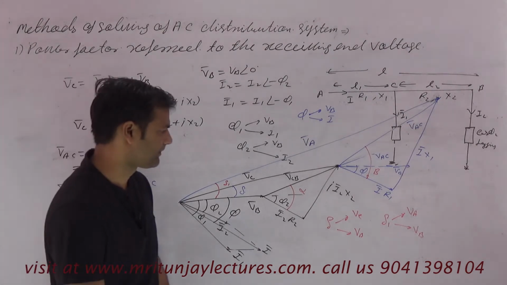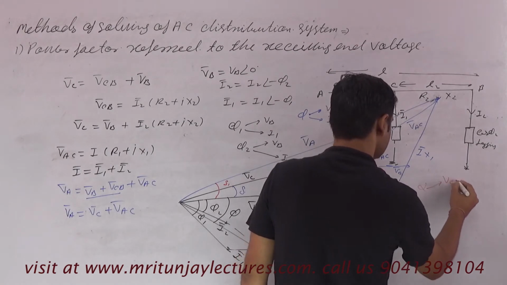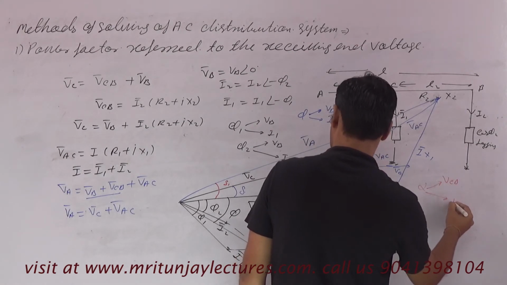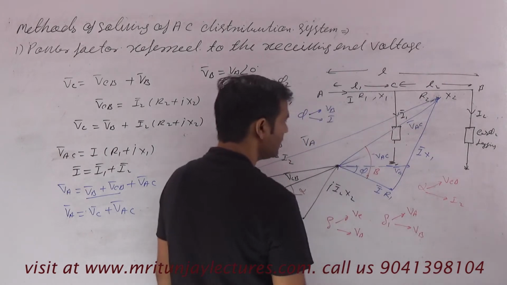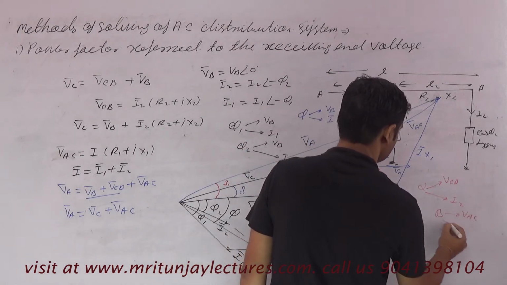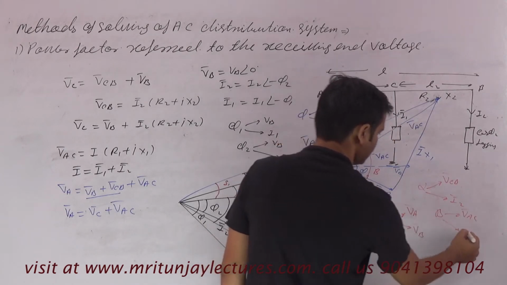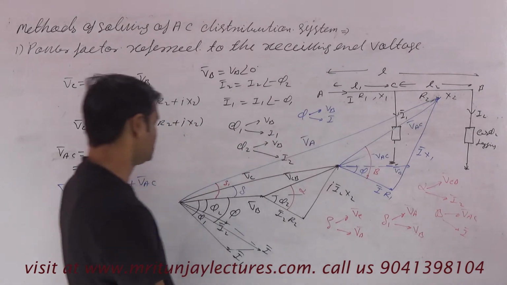Okay, and alpha is the angle between VCB and I2, and beta is the angle between V of AC and I. Clear? So make it.